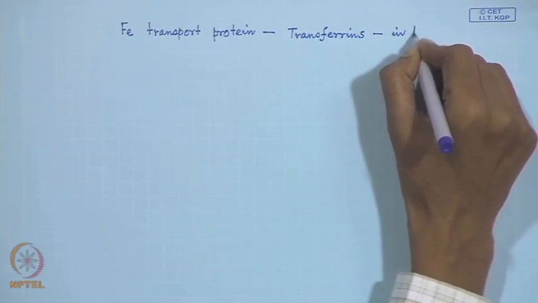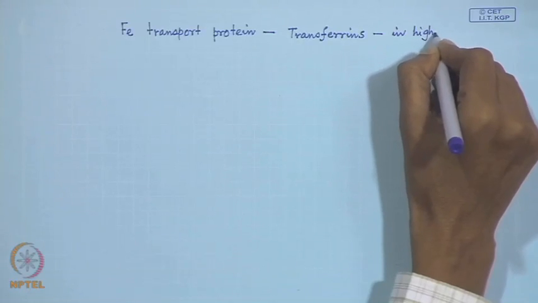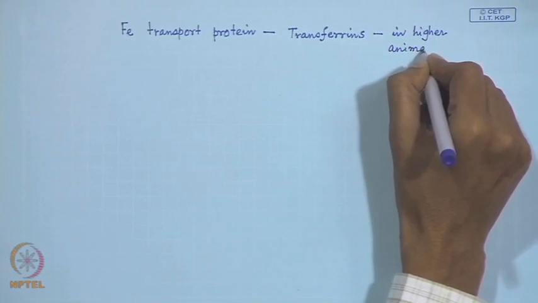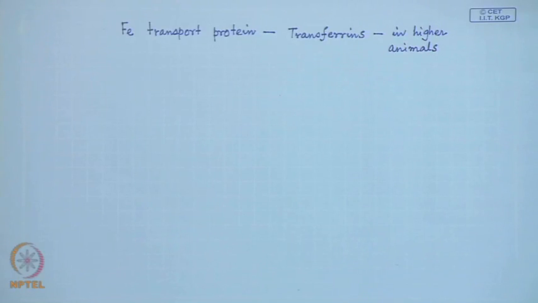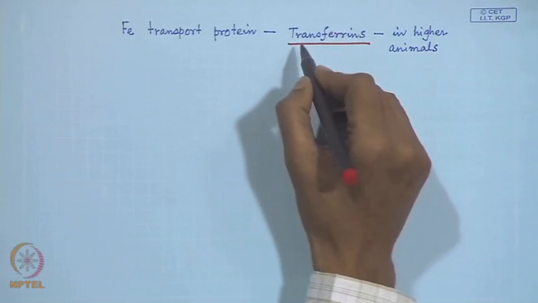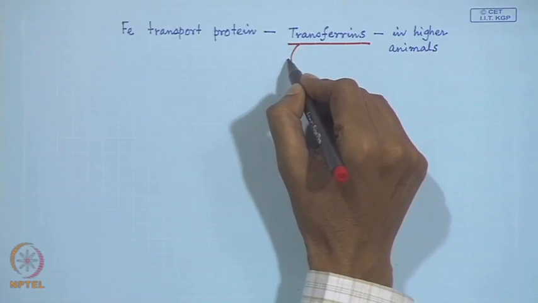In higher animals, because bacteria and all other small organisms follow a different mechanism for iron transport. So, this particular protein molecule is strictly utilized for the transfer of iron, and these transferrin molecules are utilized for what?